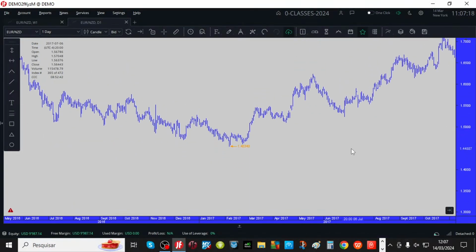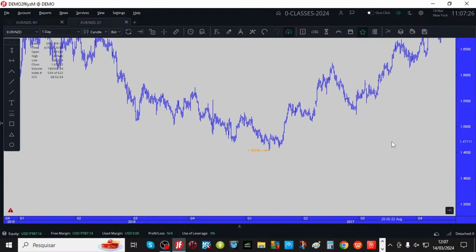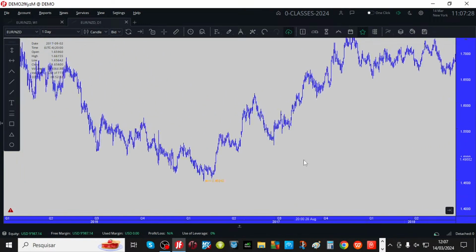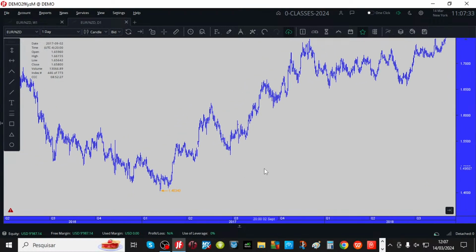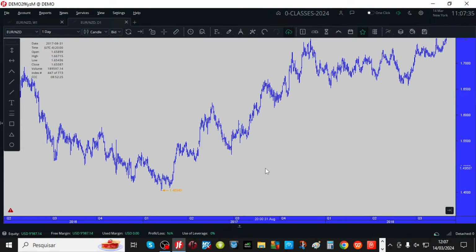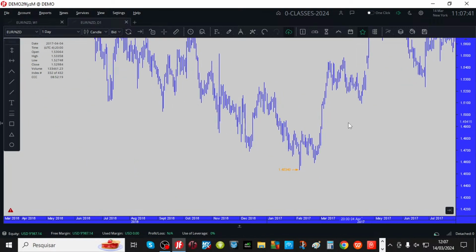So yesterday, everybody, we had homework. Did you do the homework, everybody? The homework was to find the most recent Fibonacci on the Euro New Zealand daily chart. Alright, so let's do it together.